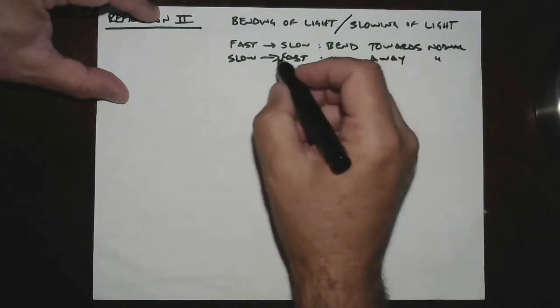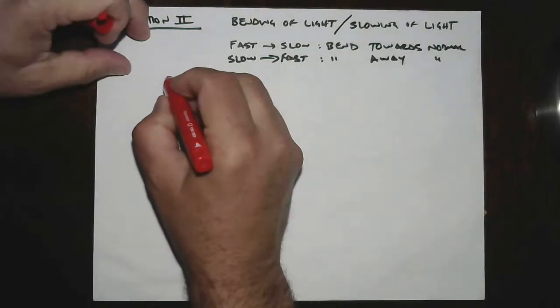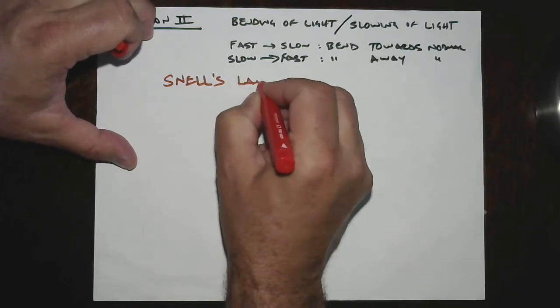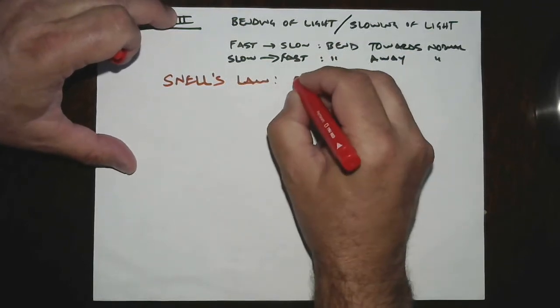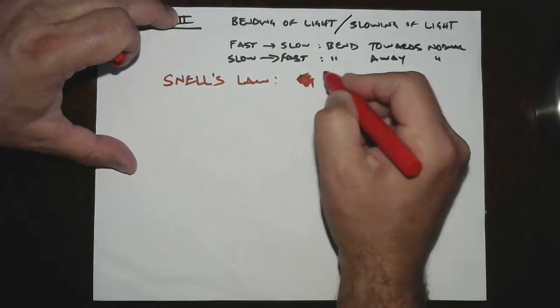And that is actually encapsulated in something called Snell's law. And Snell's law says that the index of refraction, oh my gosh, that's supposed to be an n.